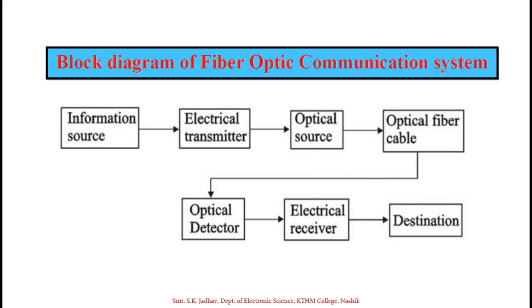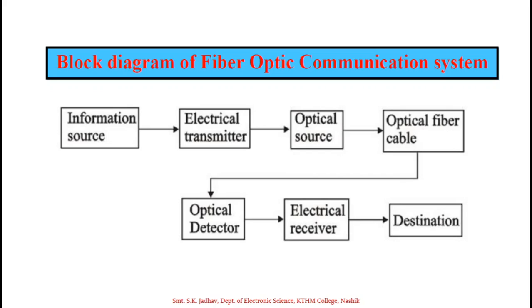Now let us discuss the block diagram of fiber optic communication system. An optical fiber communication system is similar in basic concept to any type of communication system. You know that the function of communication system is to convey the signal from the information source over the transmission medium to the destination.